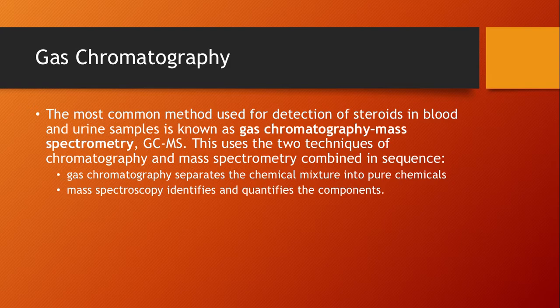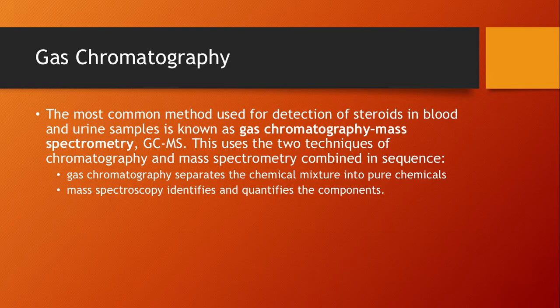So, the most common method for detection of steroids in blood and urine samples is known as gas chromatography mass spectrometry, or GCMS for short. This uses the two techniques of chromatography and mass spectrometry combined in sequence.